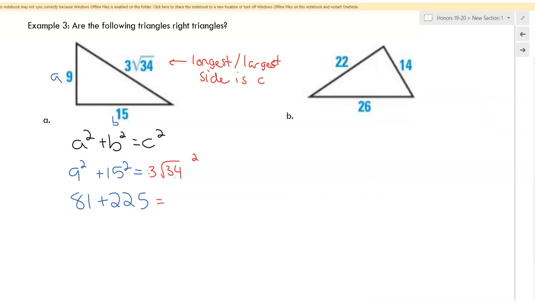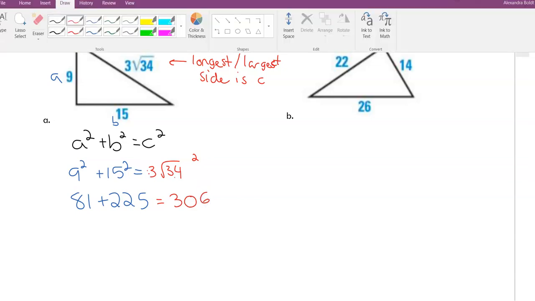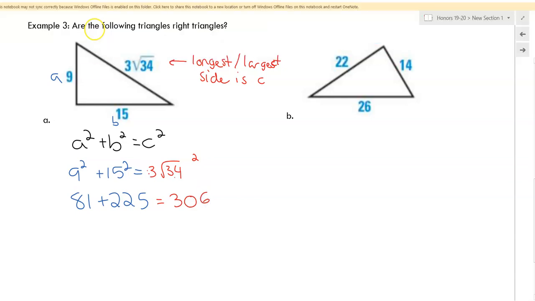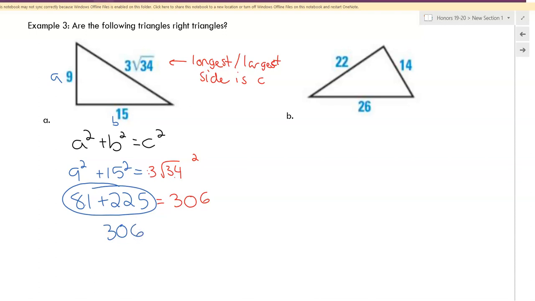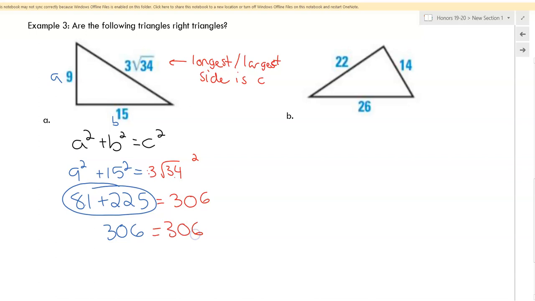We get 306. These things are on the same side, so I'm going to add them. 81 plus 225 is 306. And that does equal 306. So I would say yes, it's a right triangle. Those sides do work out.